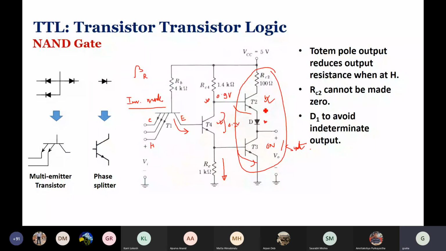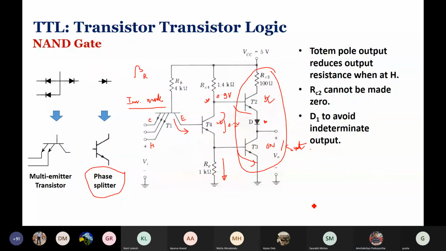Now with this discussion behind us, can you tell why T4 is called phase splitter? Can anybody tell why T4 is called phase splitter? If the emitter is low, the collector is high, and vice versa.